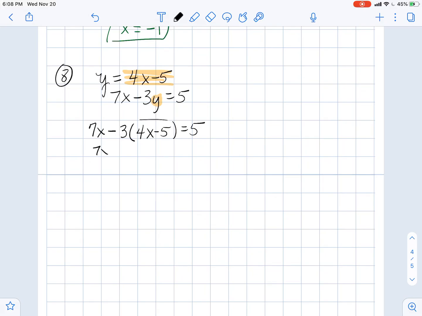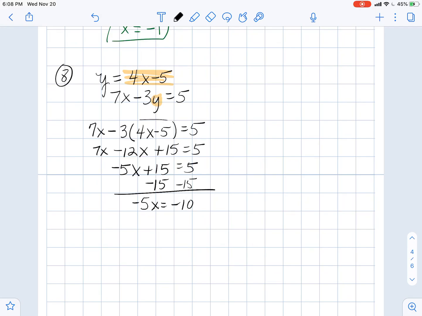And I'm just going to go ahead and distribute. I'm going to combine like terms. I'm going to move my 15 to the other side. I'm going to divide off the negative 5.